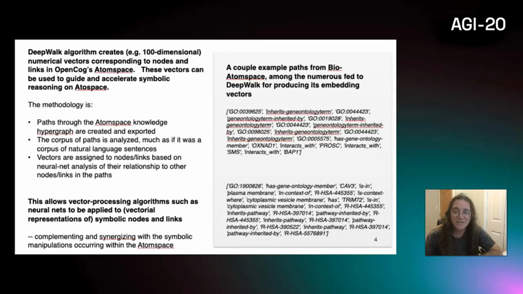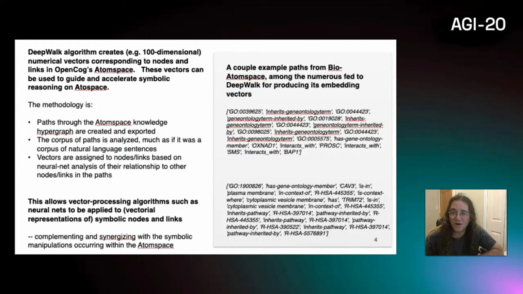And the core idea here is pretty simple, and would make sense to anyone who's familiar with word2vec. What word2vec does is it takes a whole bunch of text and creates an embedding vector for each word based on what other words occur before and after that word in the various instances. Not necessarily immediately before and after the word, but in some neighborhood around that word.